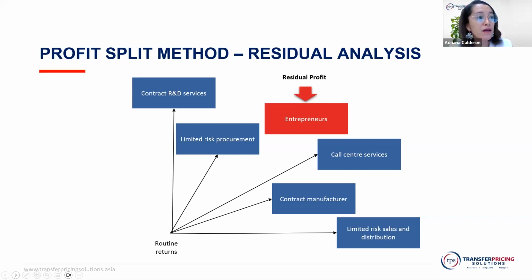You allocate a routine profit for these activities, for whichever entities are performing them, and whatever is left is meant to be split between the entities that contribute to the entrepreneurial profit.